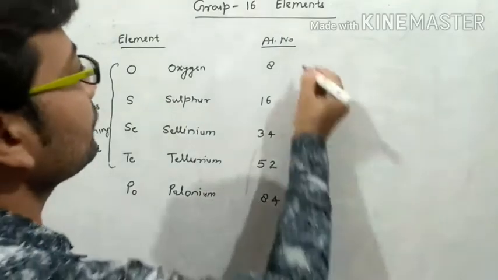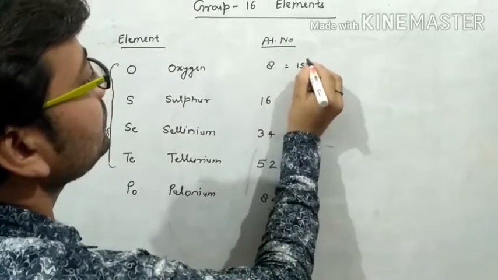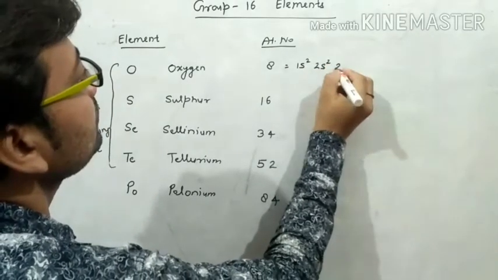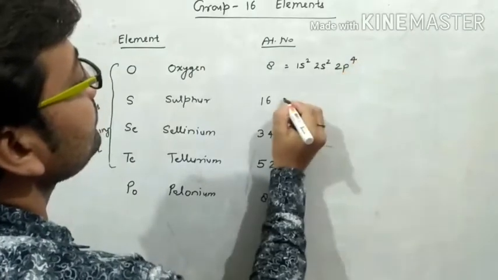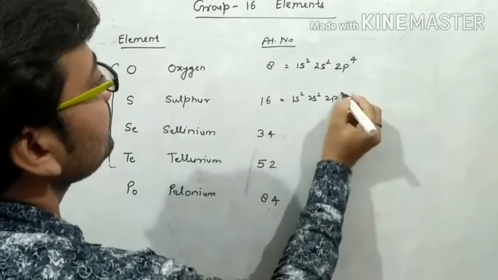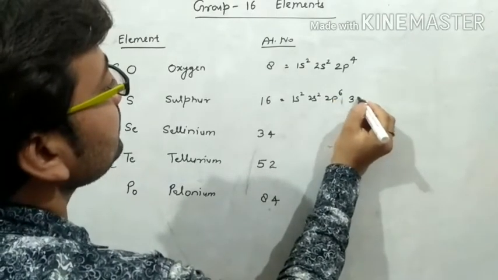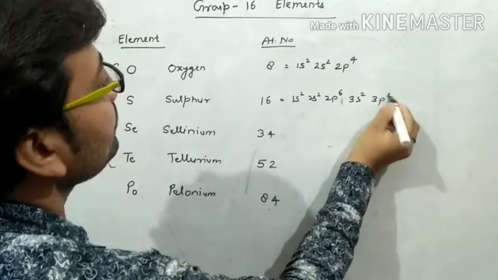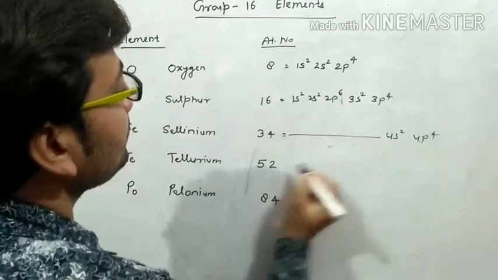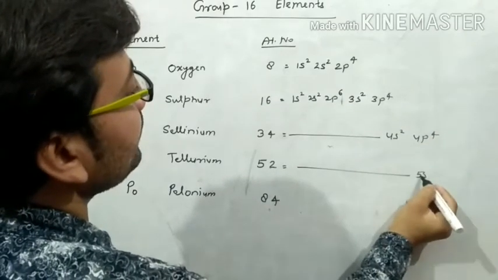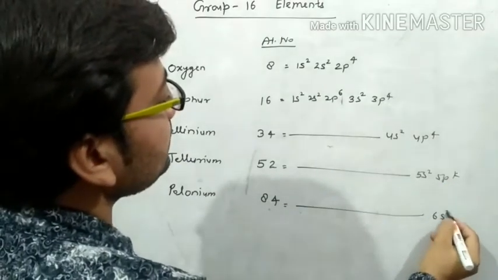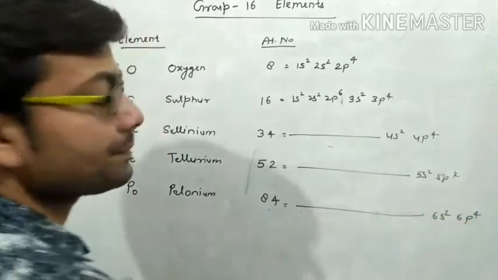The configurations are 1s2, 2s2, 2p4 for oxygen; 1s2, 2s2, 2p6, 3s2, 3p4 for sulfur; similarly 4s2, 4p4, then 5s2, 5p4, and for polonium 6s2, 6p4.